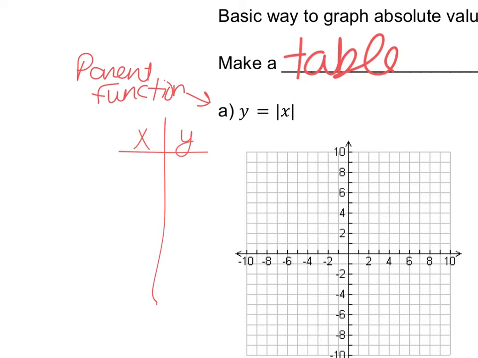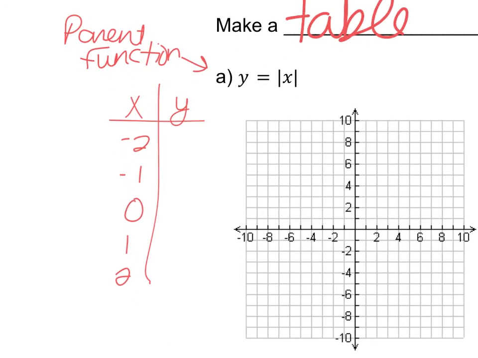Whenever you're doing this, you pick some points for x and plug them in. I'm going to pick about 5, so -2, -1, 0, 1, and 2. Let's plot those points. Or sorry, I have to plug them in first, my bad. You plug in each one of those for x and solve it.